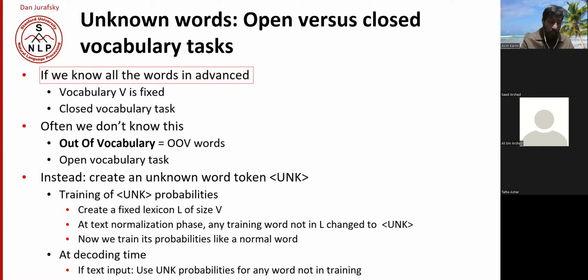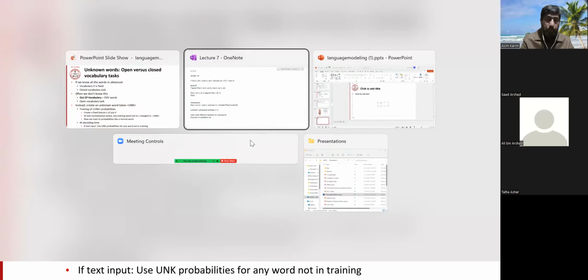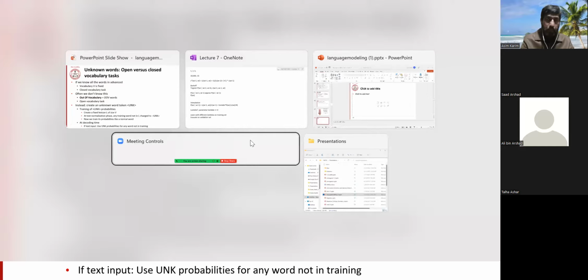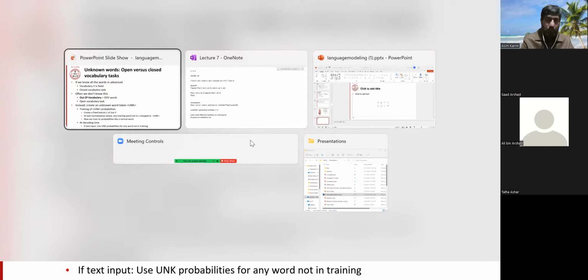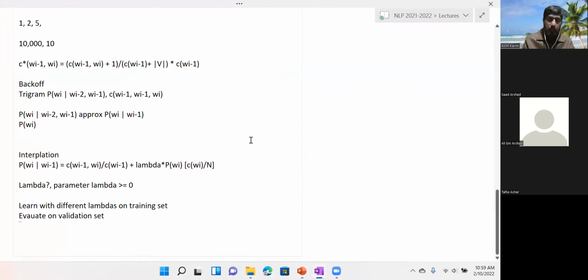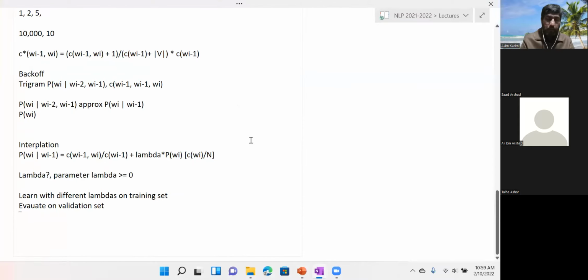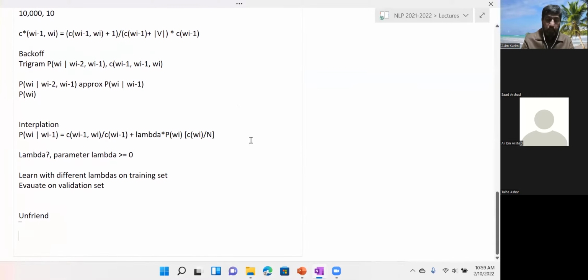So let's say there is some weird word, like unfriend, for example. Unfriend did not occur in the training set, but it occurred in the test set.